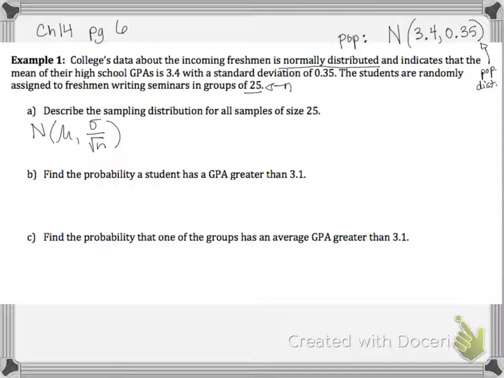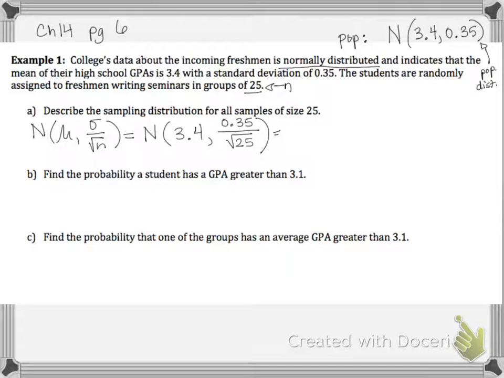Now remember, we're talking means now. This isn't the sampling distribution for proportions. What we do is we replace the same mean that we were using for the population. That doesn't change. Then what we do is we reduce our standard deviation based on the sample size. So we take the original standard deviation and divide by the square root of the sample size.